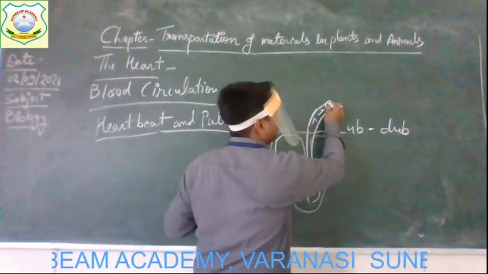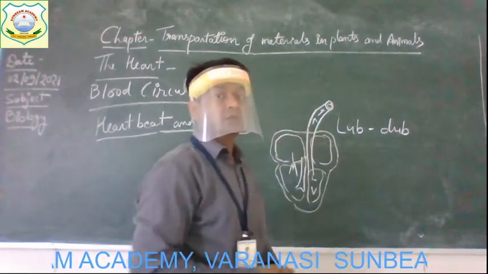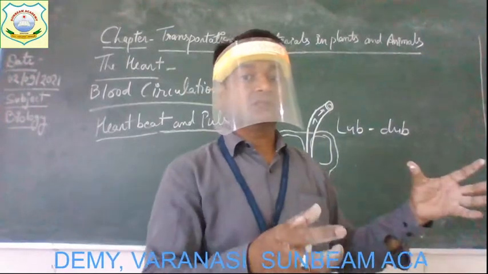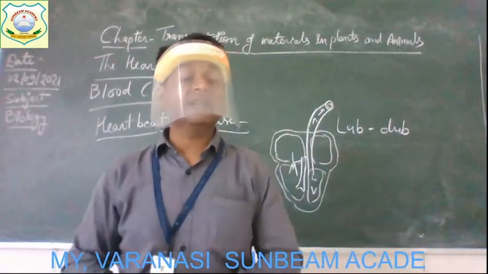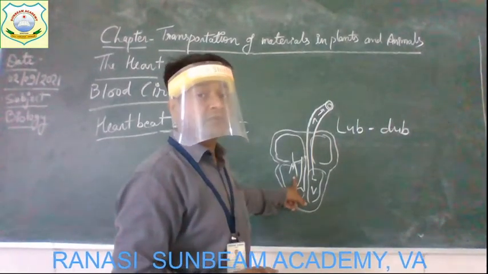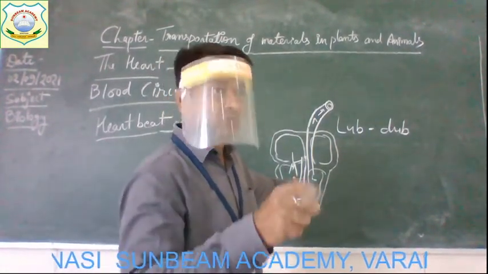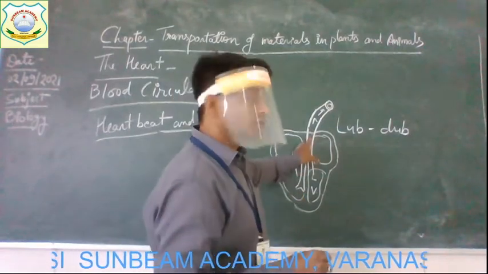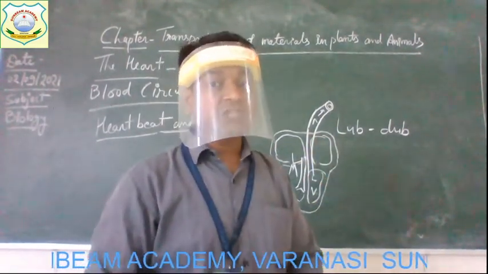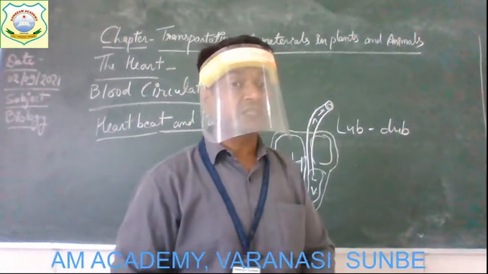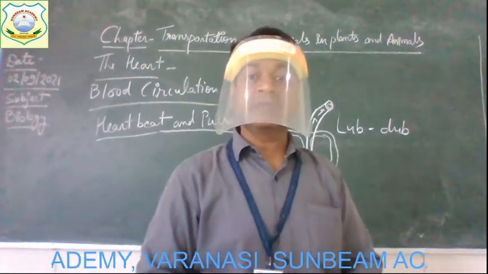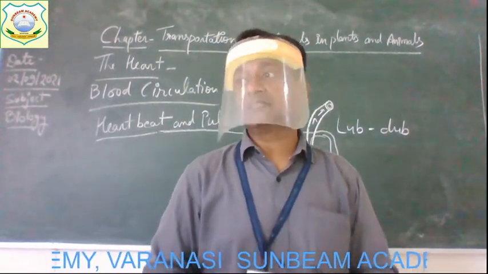That is why they have thick walls. So the walls stretch because of the pressure. And when the ventricle relaxes, the pressure goes down. The stretching and relaxing of the arteries with each heartbeat is felt as a throbbing, which is called pulse.